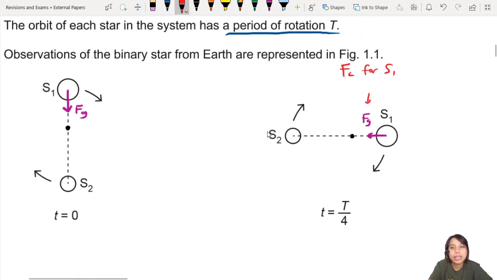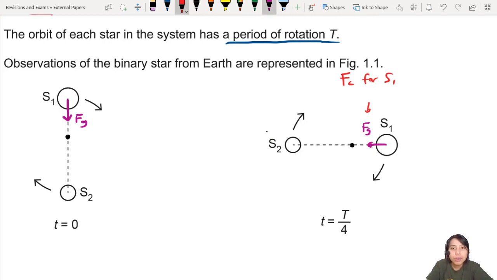If you look at the force on the small one, this tiny fella will also experience the same Fg, pointing to the center. That's your centripetal force, the same as the purple Fg. So this is the centripetal force for S2, which is the same for both. So Fc here equals the purple Fc.